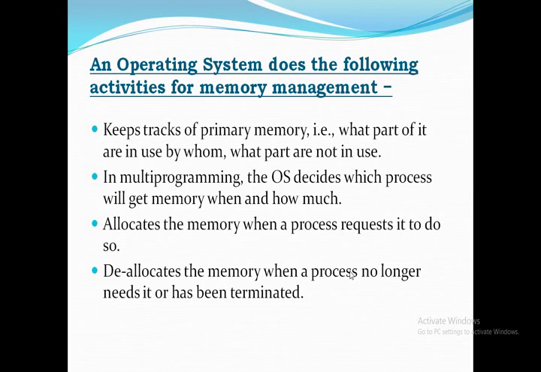So the operating system keeps track of primary memory, saying what part of the memory is being used, when, and how much has to be used to perform any task. It also allocates memory to different applications, and after the completion of the task, the deallocation of memory is also taken care of by the operating system.